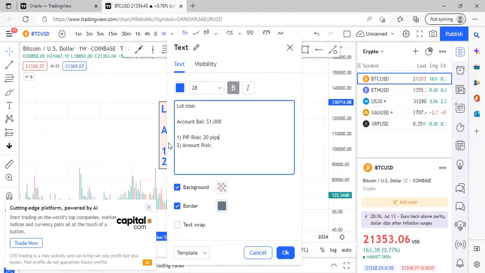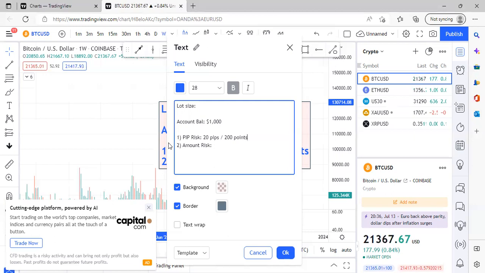But for me personally, I don't go above 20 pips. That is my own standard. And 20 pips is also the same thing as 200 points in the market.